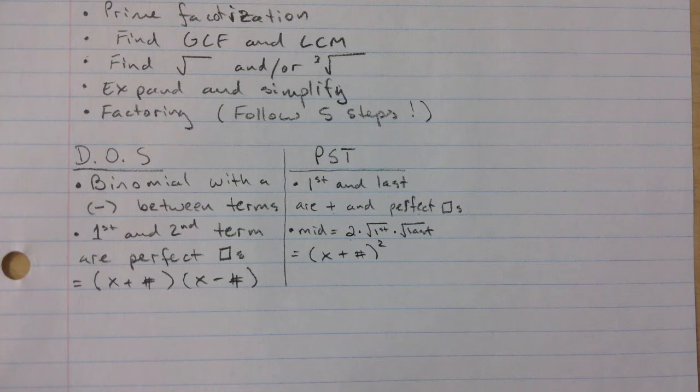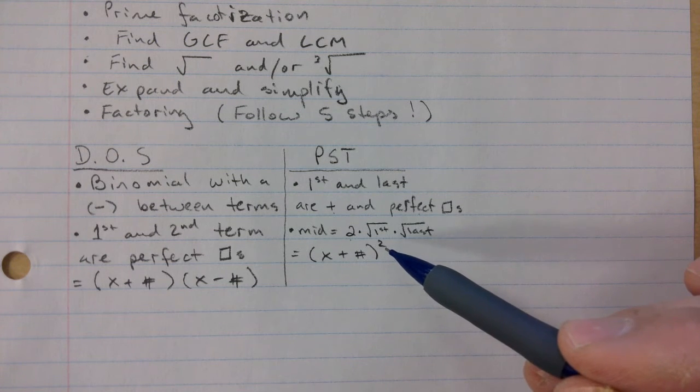And then listen carefully. If you miss the boat on the PST, you don't recognize it, you don't catch it, you can still do the matrix method, right? It might take you a little longer. It will still work, but you'll realize, wait a minute, both of my brackets are exactly the same, right? And then you should realize that, oh, I'm going to write it like that. That's convention.